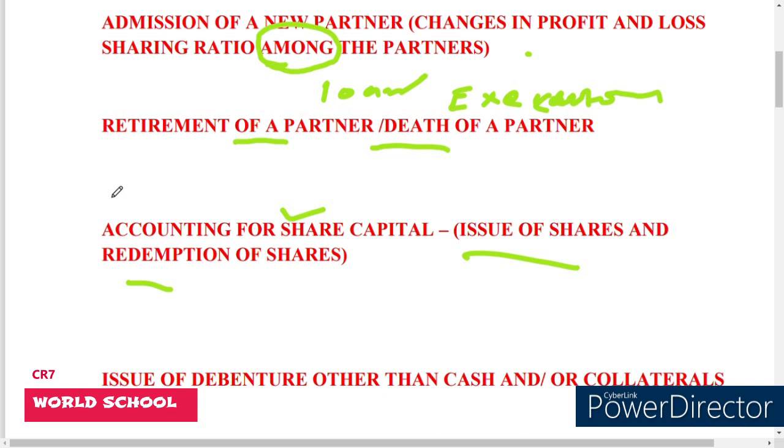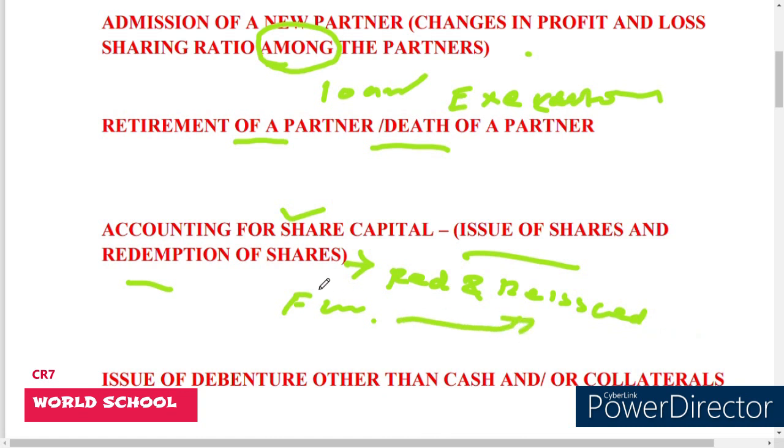Very easy chapter, and if my guess is correct, the question will fall in forfeiture oriented, where forfeited shares might be reissued, forfeited and reissued.